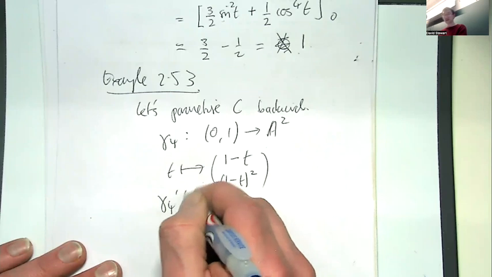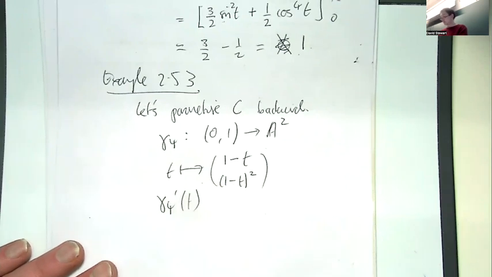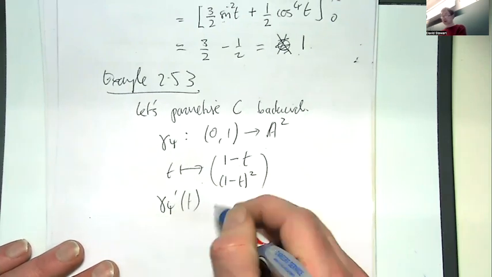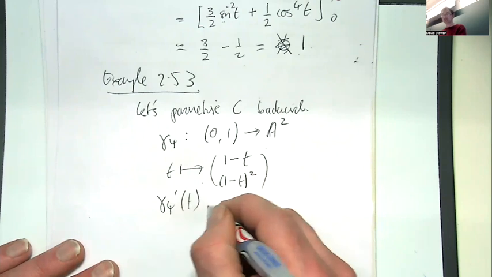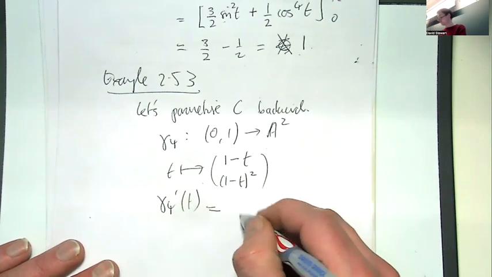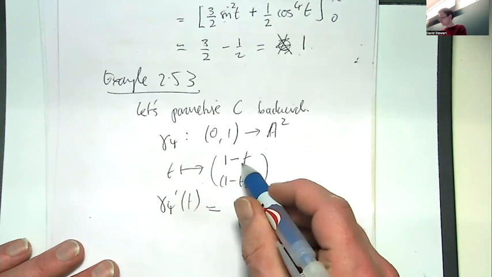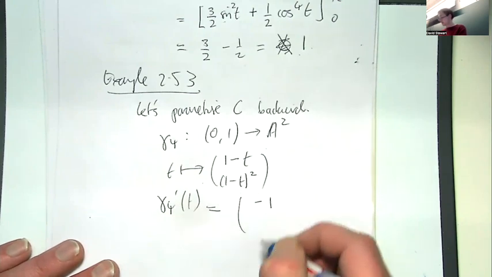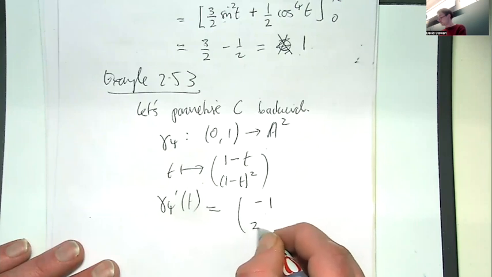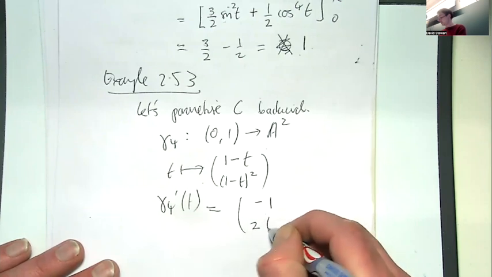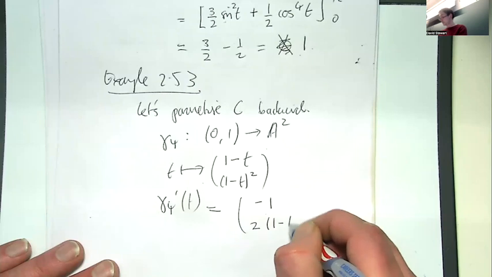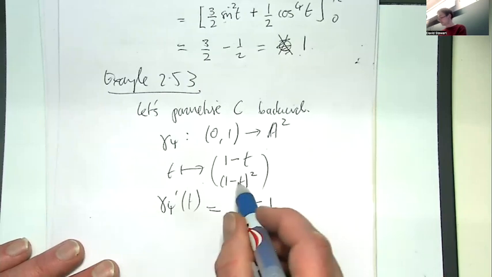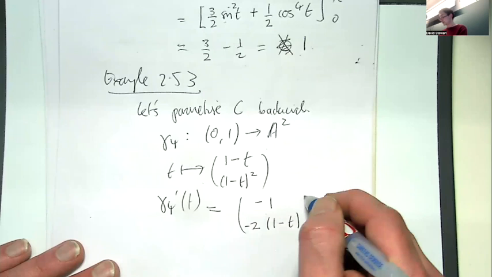We're going to do gamma 4 dash of t, and that's going to be equal to, this time, -1. And if I differentiate here, I get 2 times 1 minus t times -1, because I get to differentiate inside the bracket.